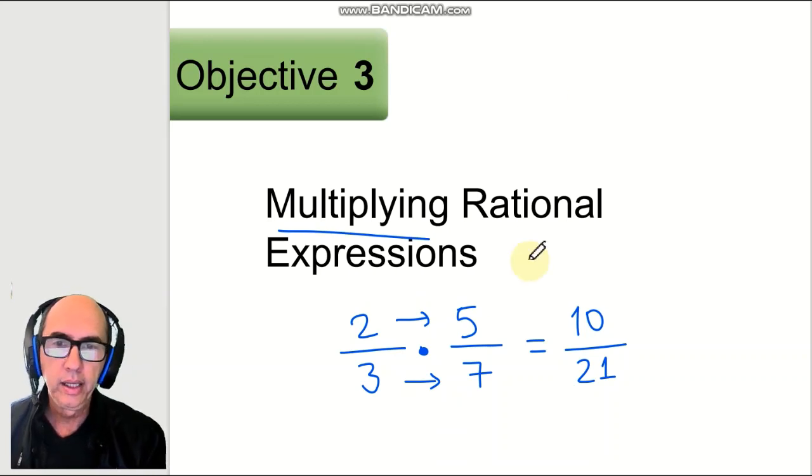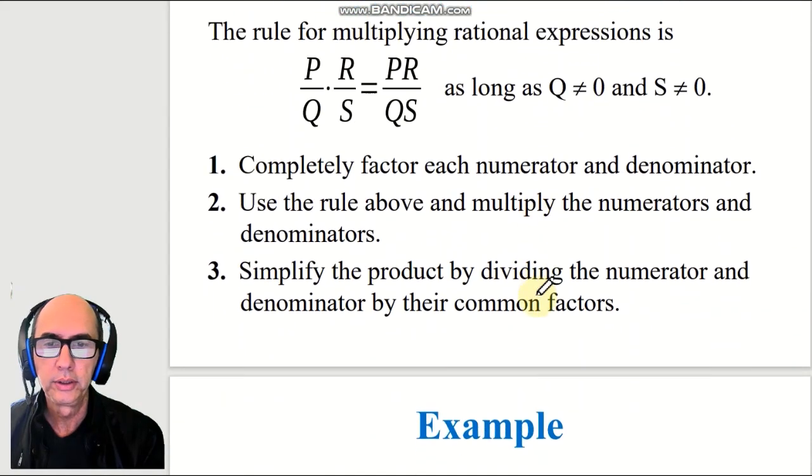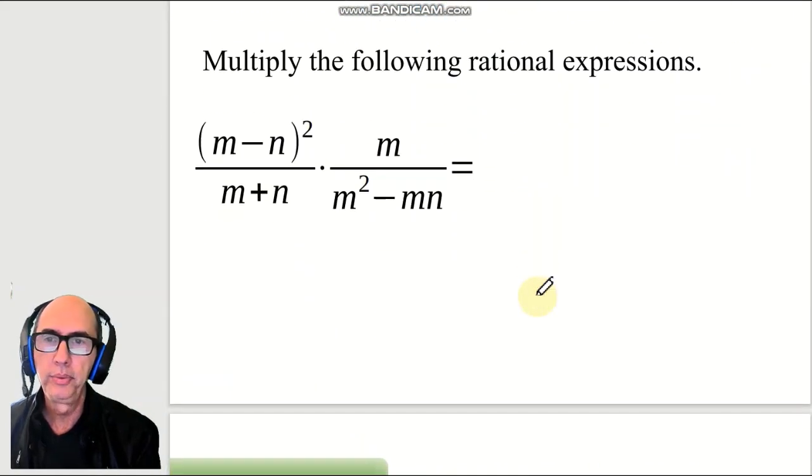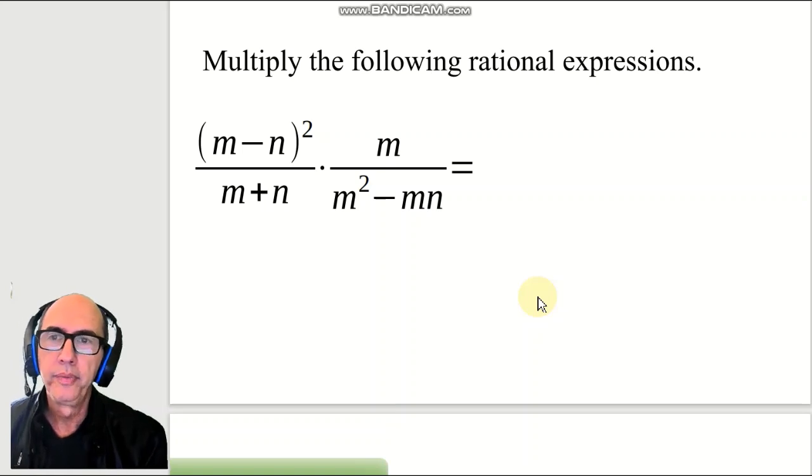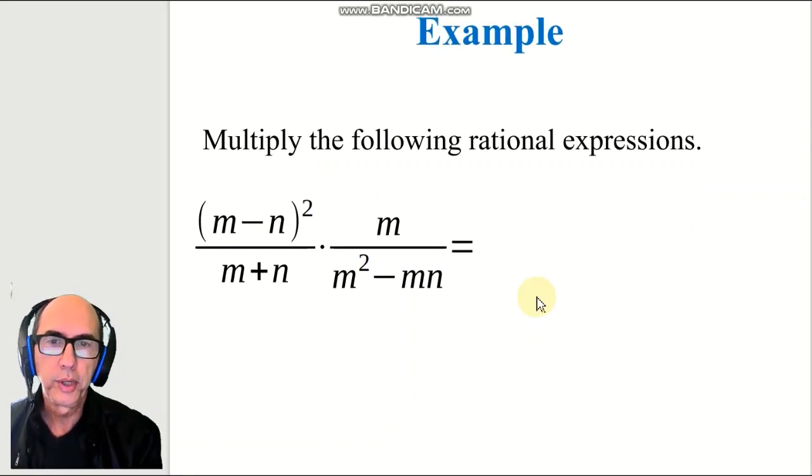The same thing works with rational expressions. You multiply the top, the numerator, you multiply the denominator, and you find the answer. In this example, multiply the following rational expressions.